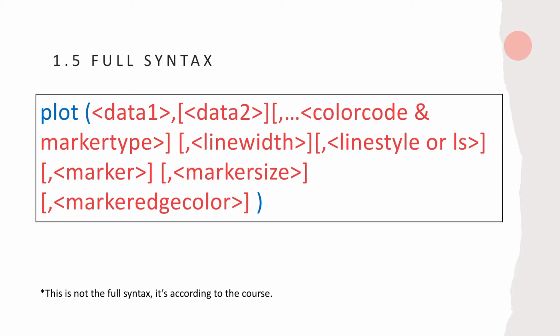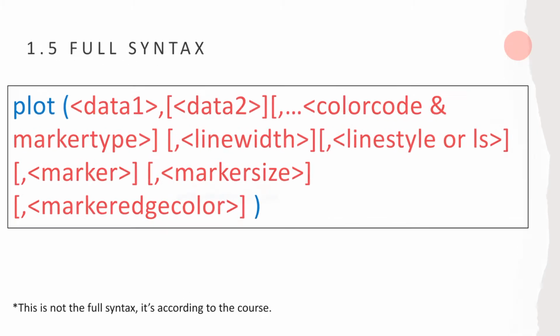Let's move to the plot syntax. This is almost a full syntax but not completely full. Matplotlib has many more functions like this. These are the two data arrays, and if we want, we can use color for color code, marker type, linewidth for different line widths, linestyle or ls, marker size, and marker edge color. You can design them. I would recommend using that video link.